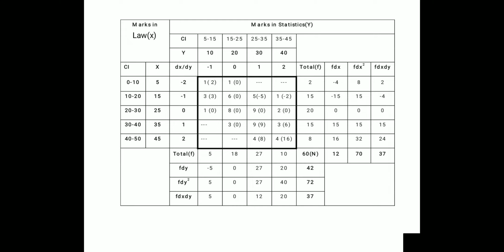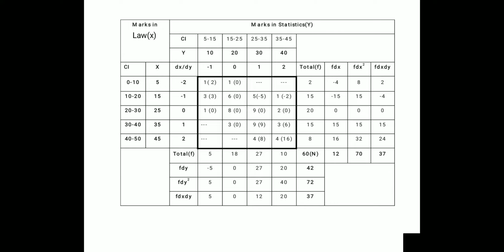The next step is to calculate f dx square and f dy square. We have already obtained the f dx value, so f dx into dx will give us f dx square. That is minus 4 into minus 2, that is 8. Minus 15, with the corresponding value of dx in the row being minus 1, so minus 15 into minus 1 is 15.